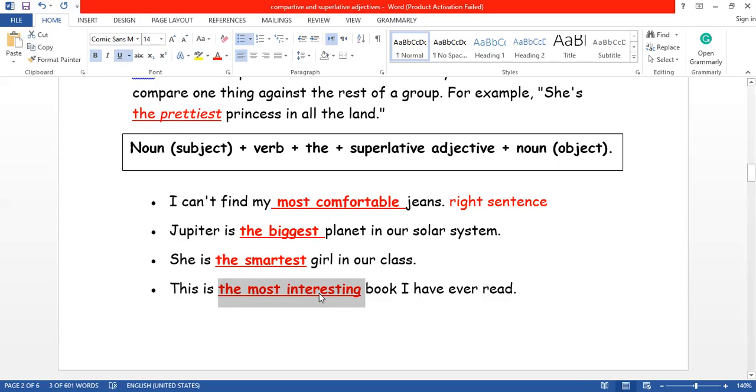Interesting. The most interesting. So it's wrong to write the interestingest. It's wrong. Wrong sentence.